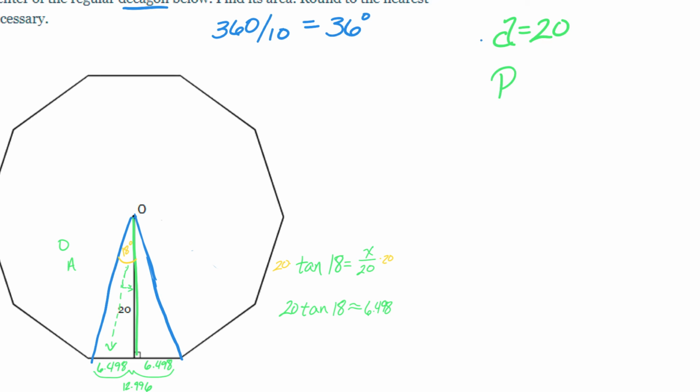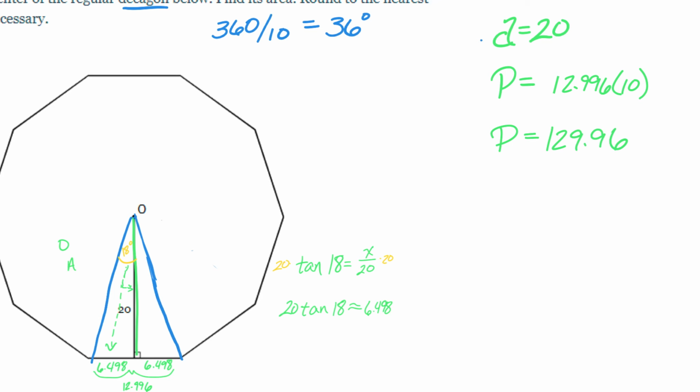We need to know the perimeter. Well, the perimeter of this figure is 12.996, one side, times 10, because there are 10 sides. So our perimeter equals 129.96.